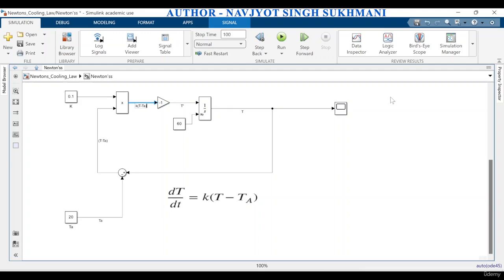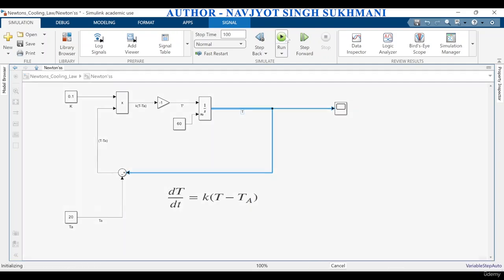This is T dash, meaning the integrator multiplies with something, and after integration I get T. In that way I have implemented this differential equation.